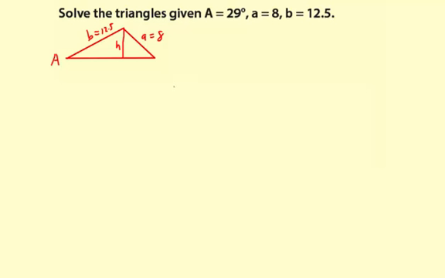Now the first thing I need to do is determine how many triangles can be formed. And you do this by calculating the height of the triangle. H equals B sine of A, which equals 12.5 sine of 29 degrees. We'll get the calculator.